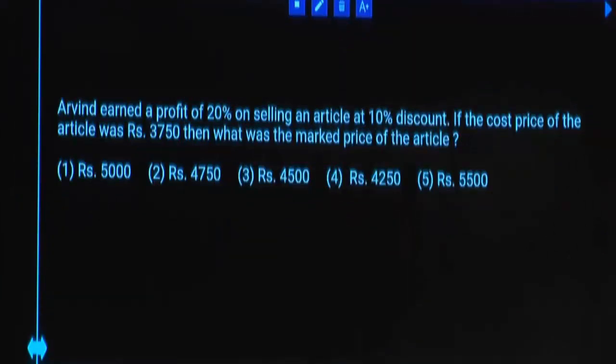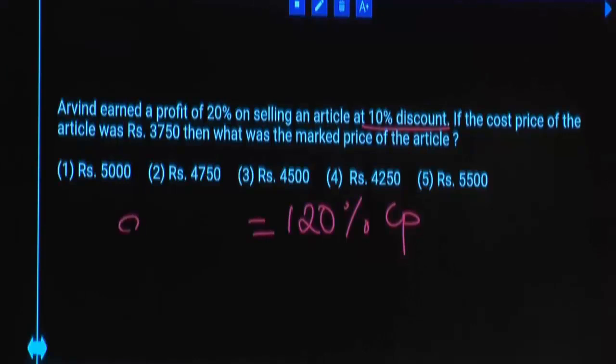Arvind earned a profit of 20% on selling an article at 10% discount. If the cost price of the article was 3,750, then what was the market price? Right. See, he is getting 20% profit. So selling price becomes 120% of cost price. That is after giving a discount of 10%.